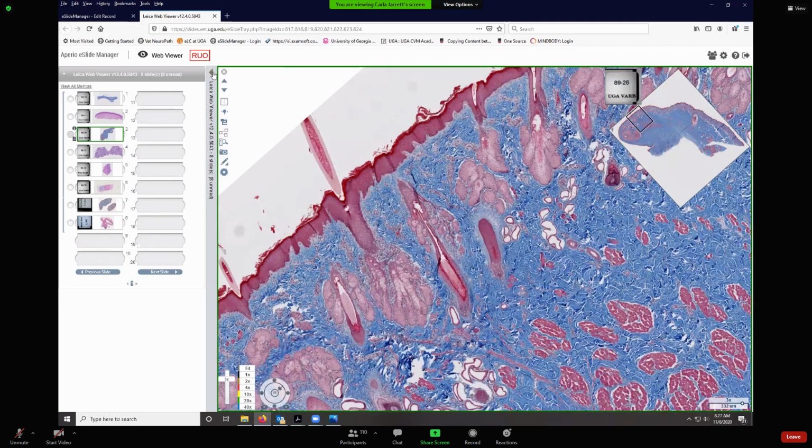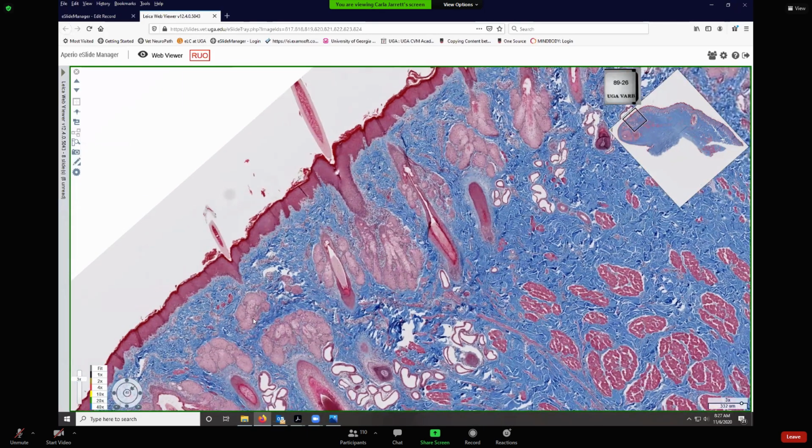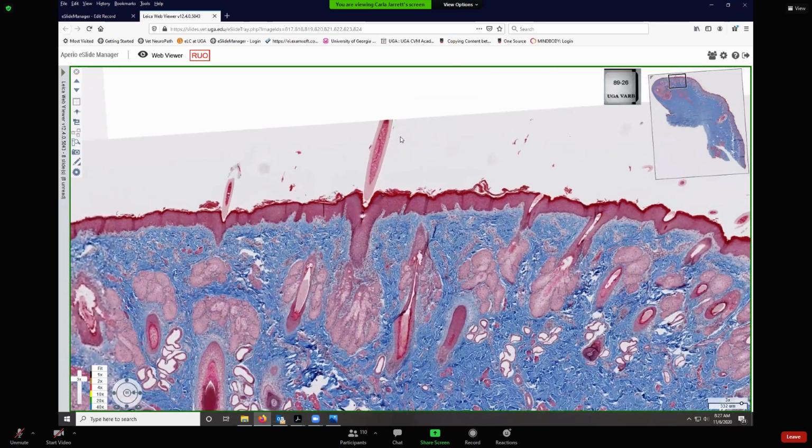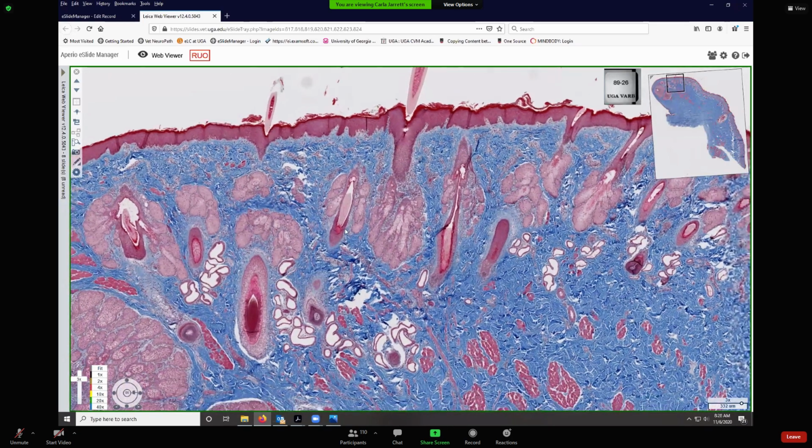I'm going to move these out of the way temporarily so I can have more surface area here. Okay, so this is a hair that is protruding off of the surface of the skin. So what do we call that? And that is the shaft, right? Okay, so we said the part that was down in the hair follicle is the root. So here's a part down in the hair follicle. So that's root, shaft, and then hair bulb.